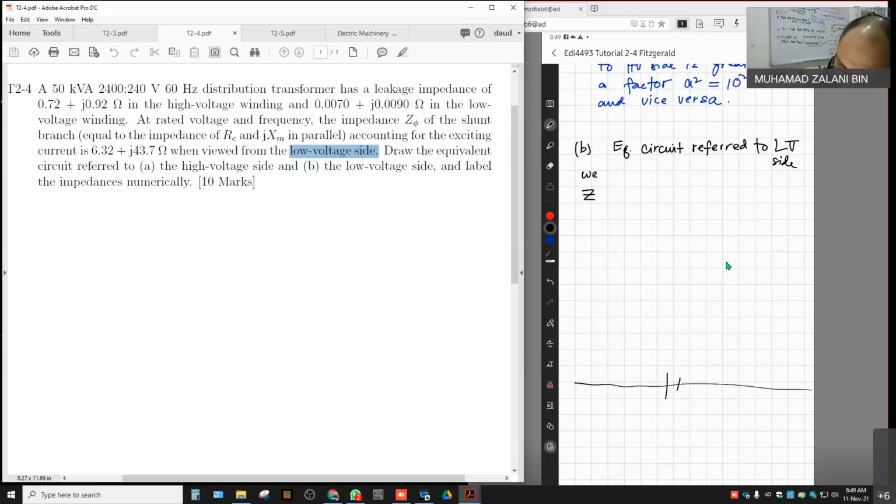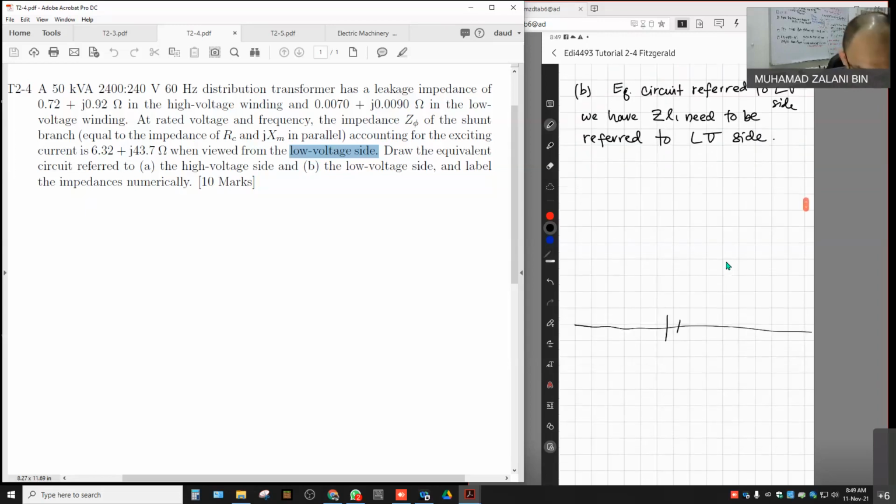let's say we have ZL1 that needs to be referred to the low voltage side.